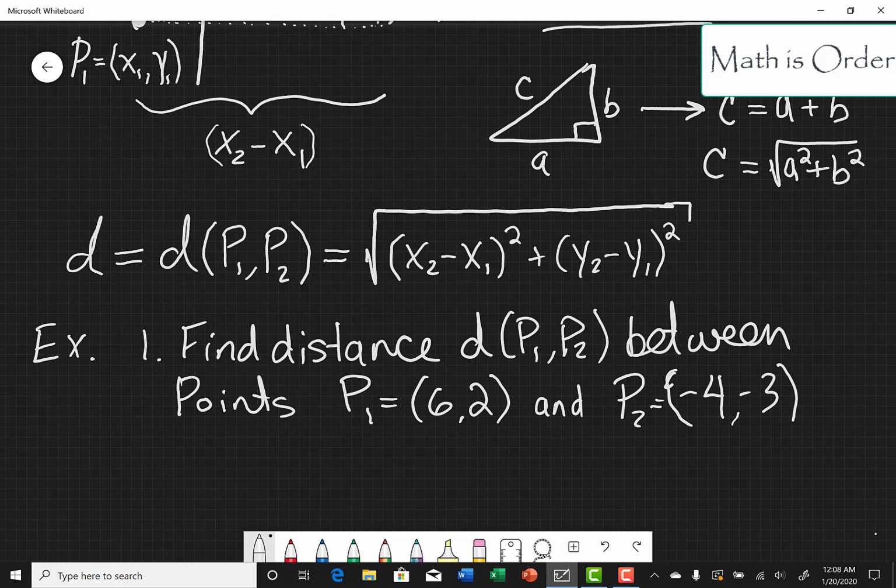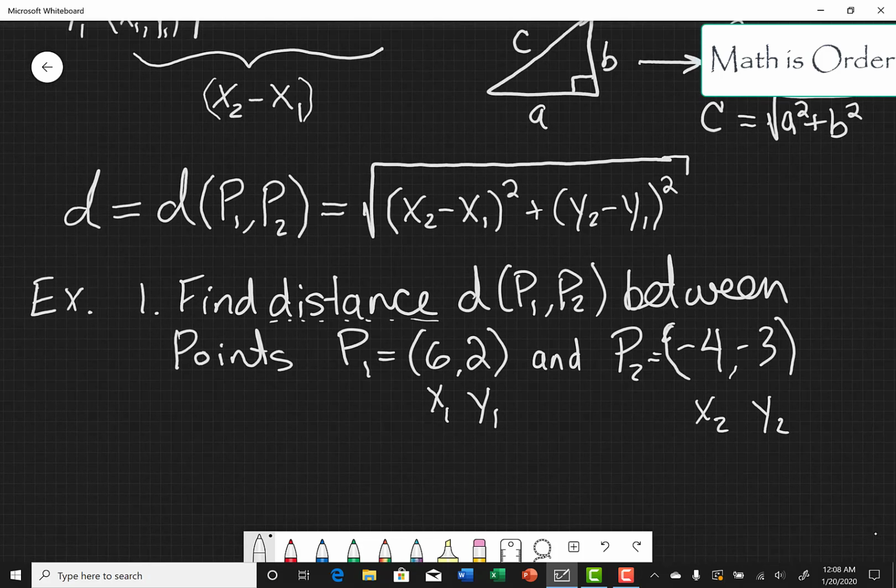So they're asking us to find a distance. They gave us 2 points. So right away, we can apply our distance formula. But we first need to know what is x1, what is x2, what is y1, what is y2. Now, if we call 6 x1, then 2 must be y1, and -4 has to be x2, and -3 has to be y2.